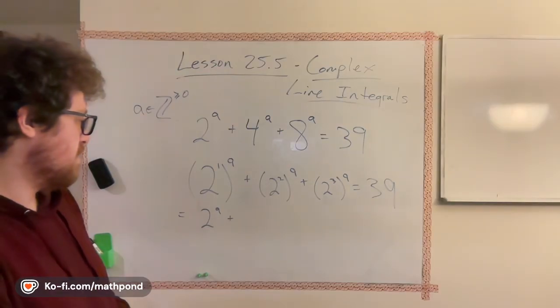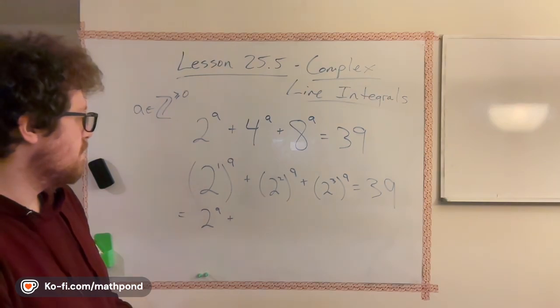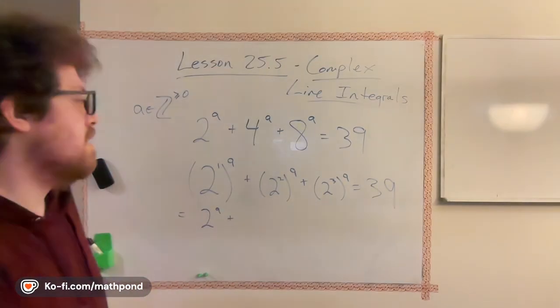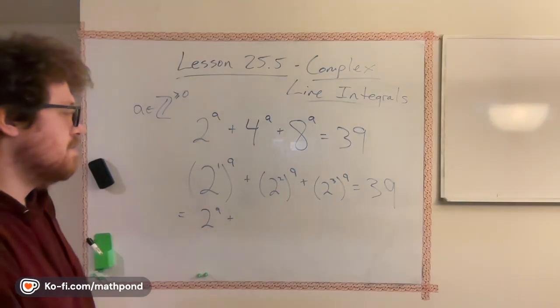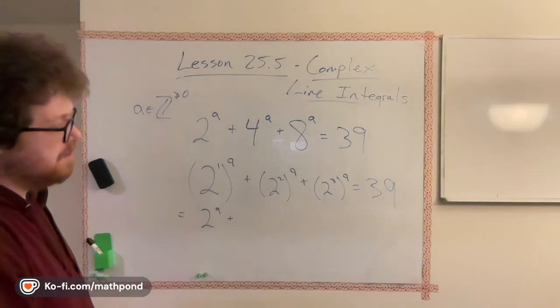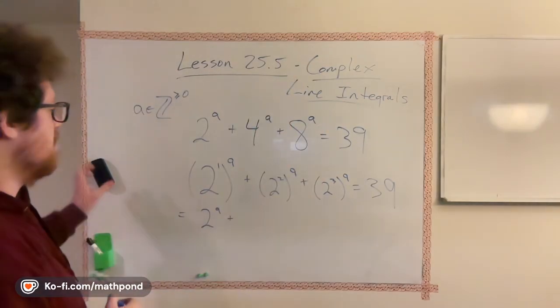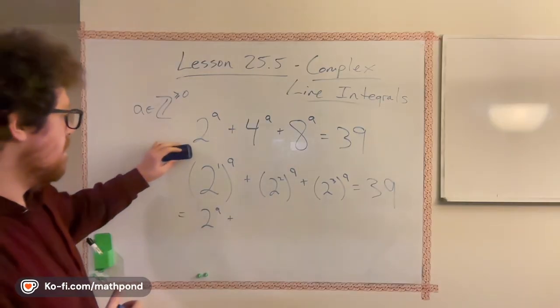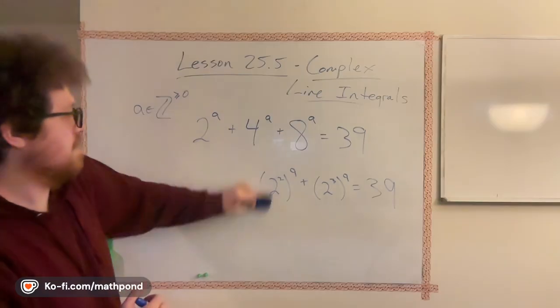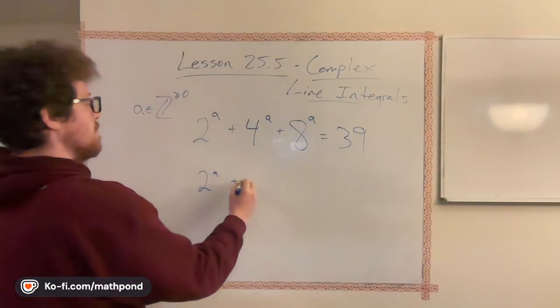Okay, so is this just 2 to the a squared though? Is this just 2 to the a to the third power though? So it's 2 to the a plus 2 to the a squared plus 2 to the a cubed. I guess you can just commute the powers as long as the power isn't in the exponent. Okay, so this is really 2 to the a plus 2 to the a squared.